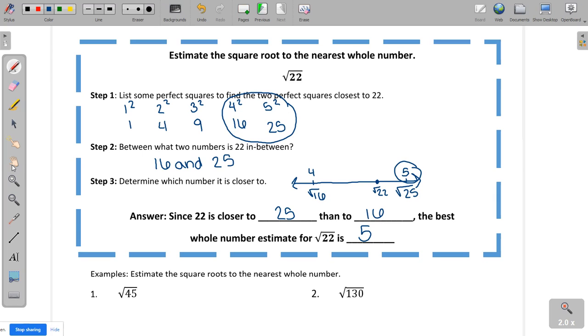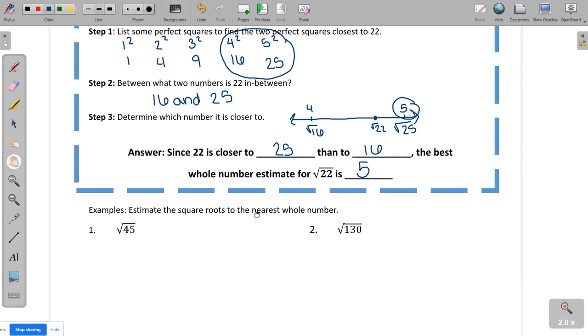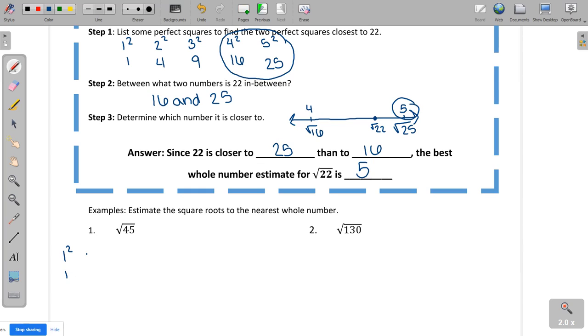So let's look at a couple examples. We are going to estimate the square root of 45. So let's write out our squares. 1 squared is 1, 2 squared is 4, 3 squared is 9, 4 squared is 16, 5 squared is 25, 6 squared is 36, 7 squared is 49.